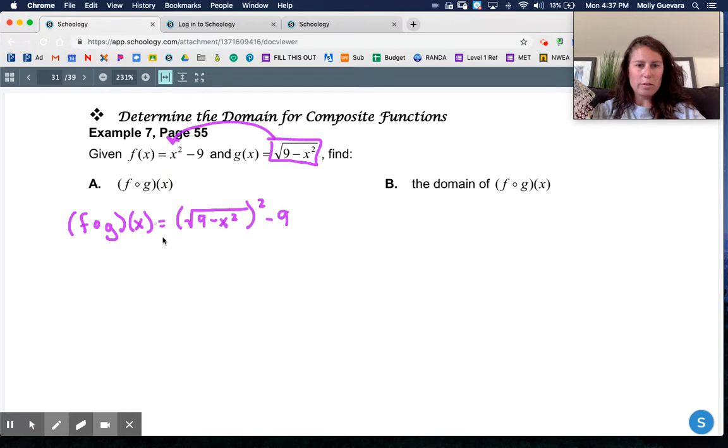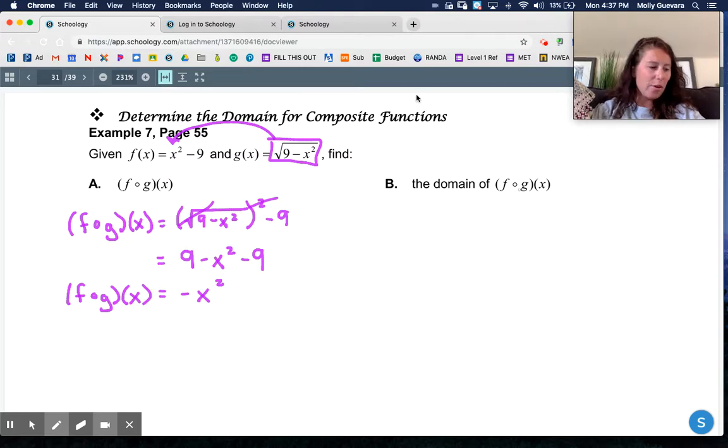So hopefully that makes sense. A square root and a square get to cancel, so that's exciting. So I have 9 minus x squared minus 9, and 9 minus 9 also cancels. So I just get negative x squared. So f of g of x is just negative x squared.